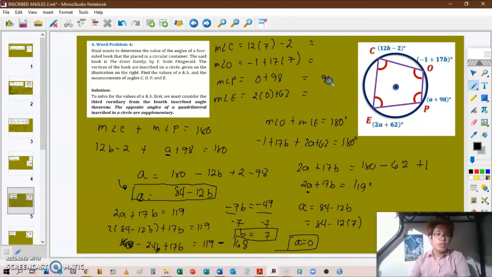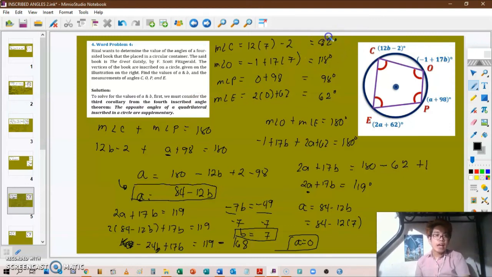From here, we can already see that the measurement of angle P is 98 degrees and the measurement of angle E is 62 degrees. For angle C, that's 12 times 7 minus 2, which gives 82 degrees. For angle O, that's 17 times 7 minus 1, which gives 118 degrees.